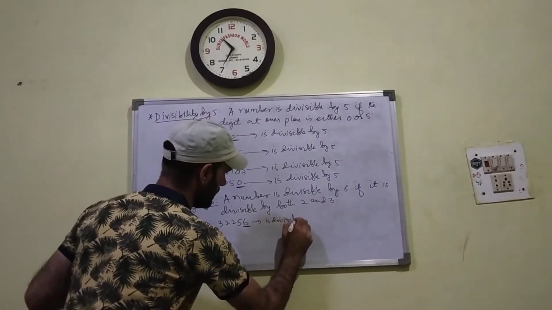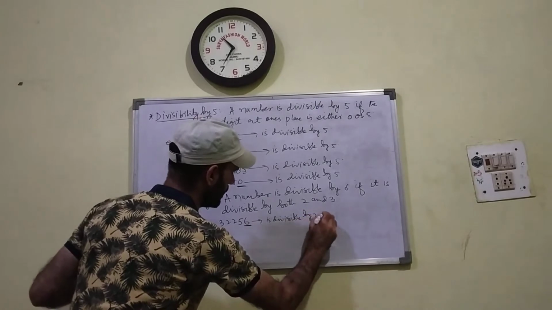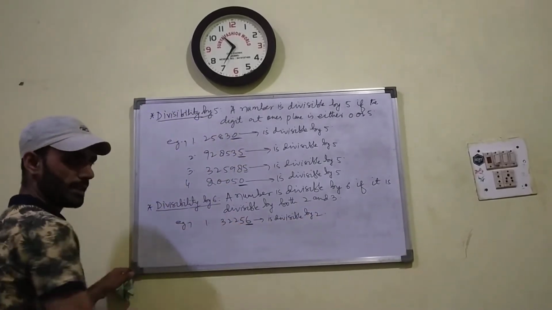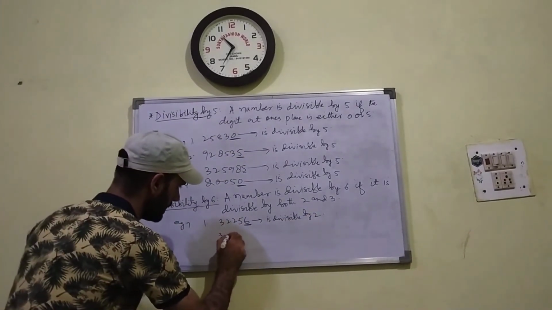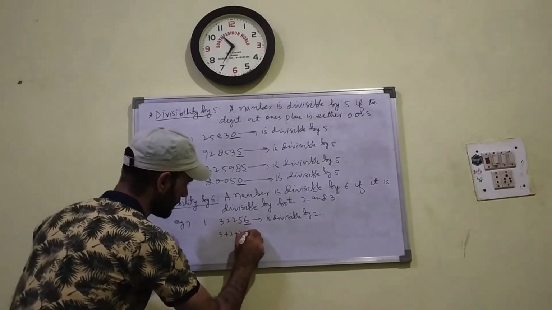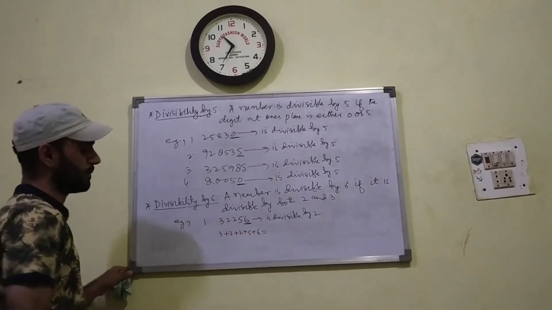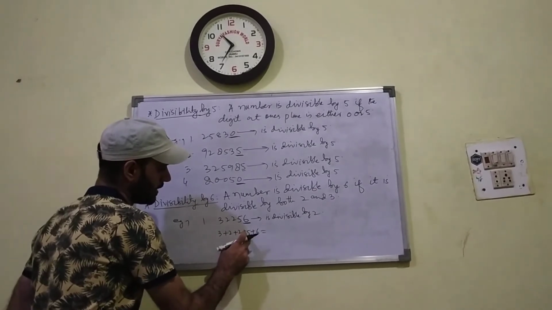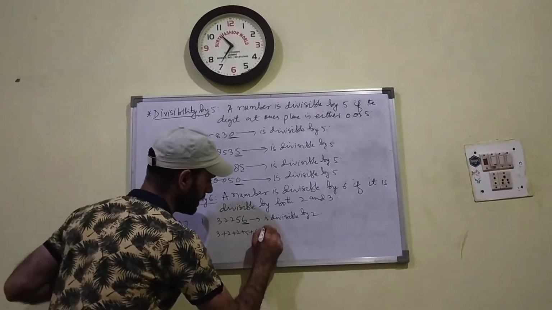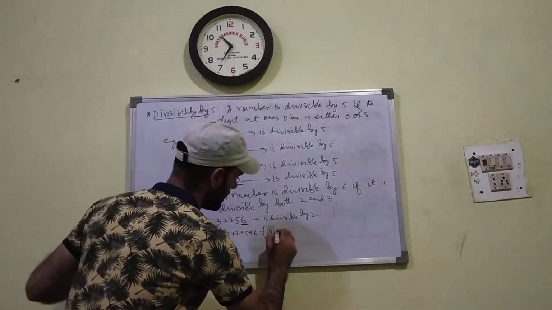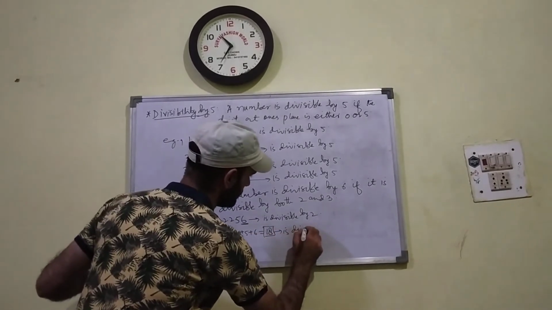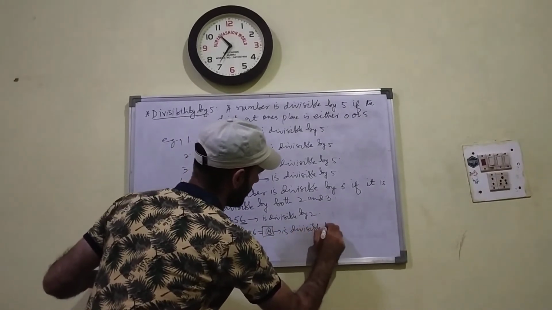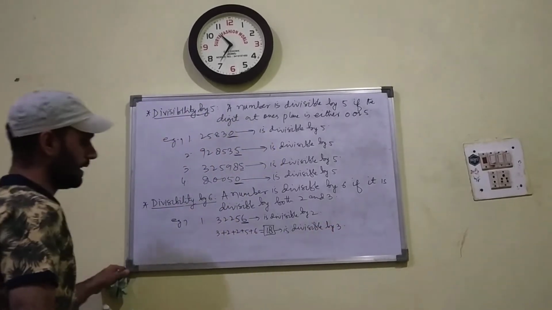Is divisible by 2. Is this divisible by 3? Let's check. 3 plus 2 plus 2 plus 5 plus 6: 3 plus 2 is 5, 5 plus 2 is 7, 7 plus 5 is 12, 12 plus 6 is 18. 18 is divisible by 3.